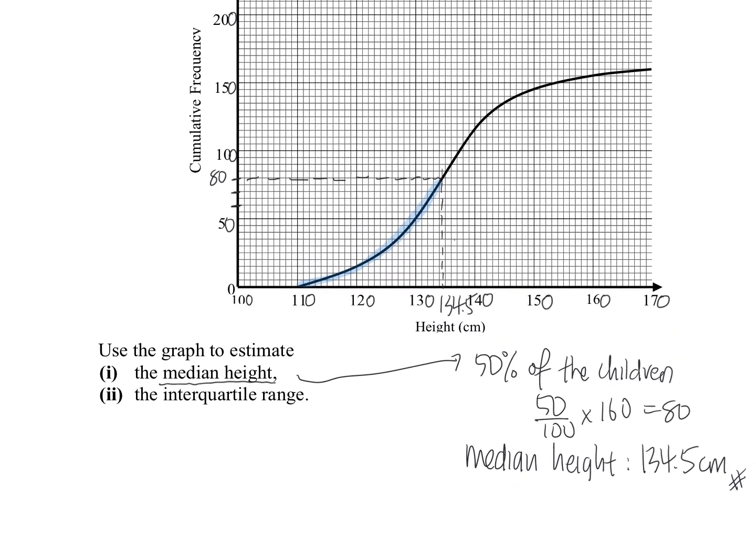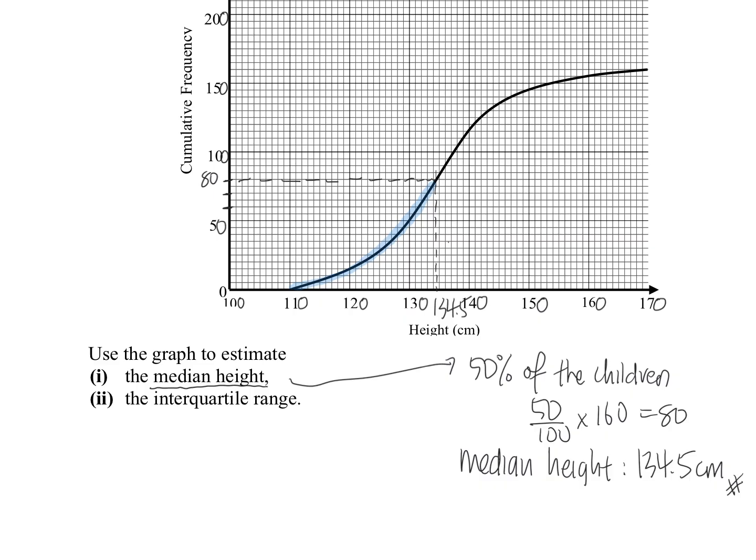Okay, next is I want to know what is the middle 50% of the children's height. Middle 50%, I need to know what is the 25% of my children first. So you go and find 25% of 160 children. So I need to find out what is the height of 40 of the children first.